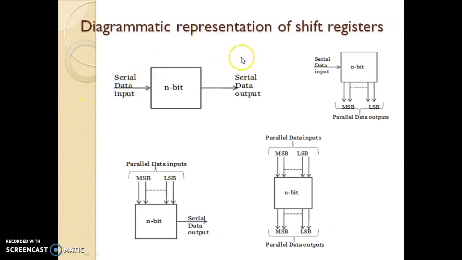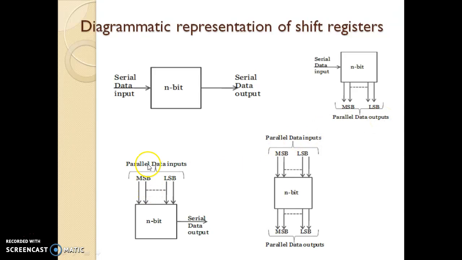Now this diagram represents the diagrammatic representation of shift registers. Here we have a serial input and serial output, so this is a SISO type of shift register. Here we have a serial input and the output is taken in parallel form, so a SIPO type of register.